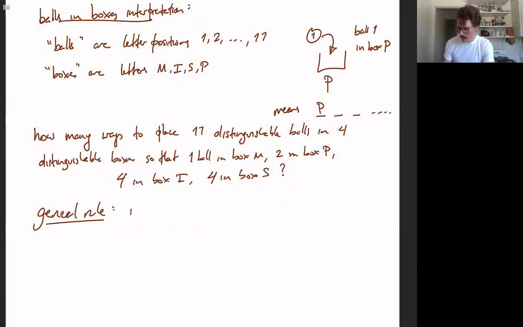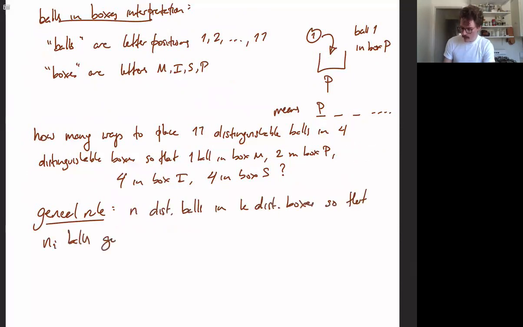So n distinguishable balls, let me just abbreviate this, in k distinguishable boxes, so that n_i balls go in box i. Well, the number of ways to do this is n factorial divided by n1 factorial, n2 factorial, up to nk factorial.